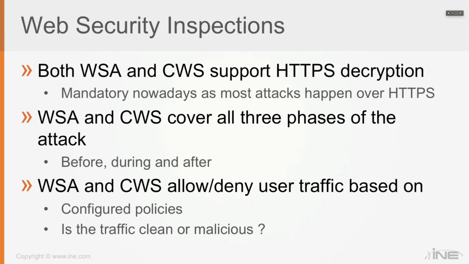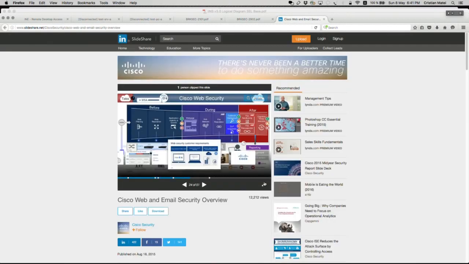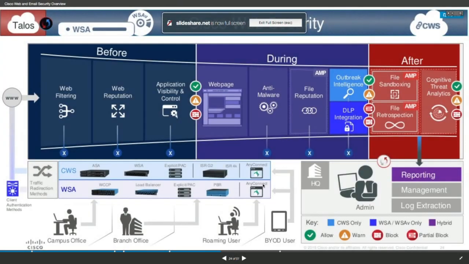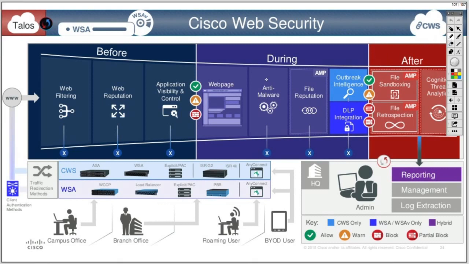Now, if you look at another Cisco presentation, because I said that both web and email offer protection throughout all three phases, it doesn't matter which version you use, the same capabilities are supported. Of course, there are a couple of differences, but in general, the same functions are available, close to. So, from the WSA point of view, we have to understand the scheme.